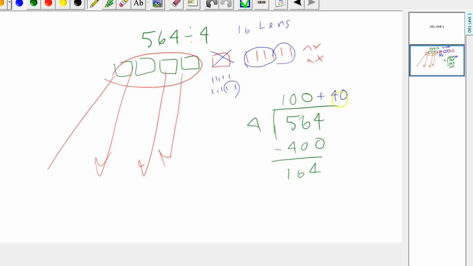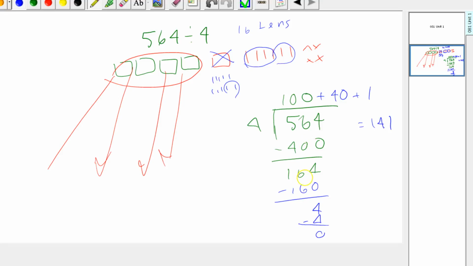So we'll put plus 40 up here. Well, that's minus 160. We used up all the tens, and then we gave each group 1. That was a total of 4 units, and we get to 0. So there's our 141.